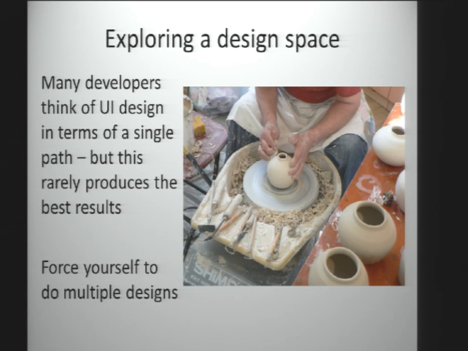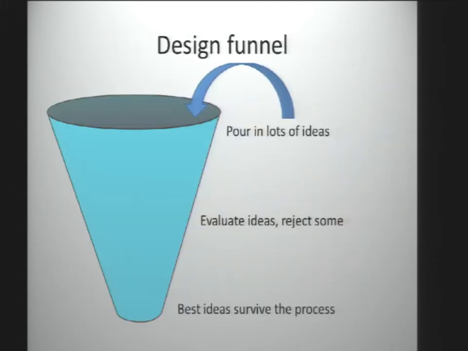See, you have asked people to give you feedback, and they're going to give you some, but you didn't give them any choices. You didn't give them anything to compare and understand the strengths of one or the other. So the biggest thing to break out of your cage is to build yourself a design funnel with lots of ideas, reject some of them, and take the best ideas to the user.